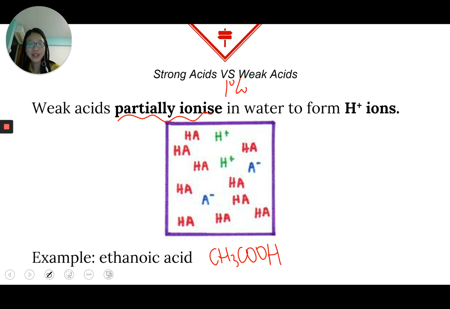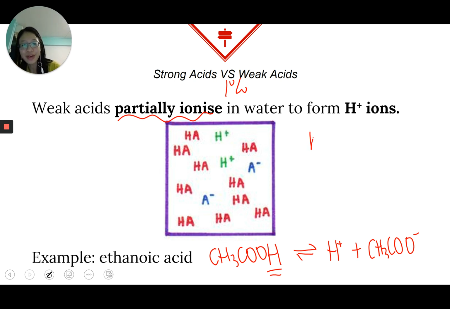Ethanoic acid is found in vinegar. It's what makes vinegar sour. Basically only the back H will dissociate, so CH3COOH will ionize to form H+ and CH3COO-. Only one H+ will dissociate. The CH3 part will not become acid.